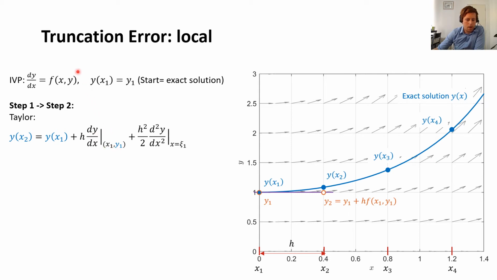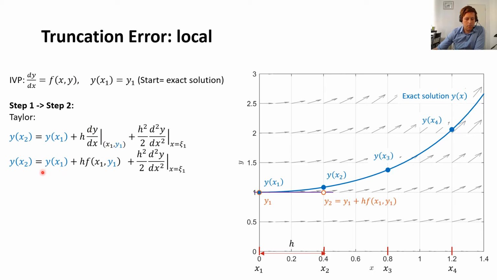So our ODE of the initial value problem basically simply says that this is equal to the function f, which is a known function that is provided to us, evaluated at x1 and y1. So we can rewrite this into this step, just substituting this ODE over here.